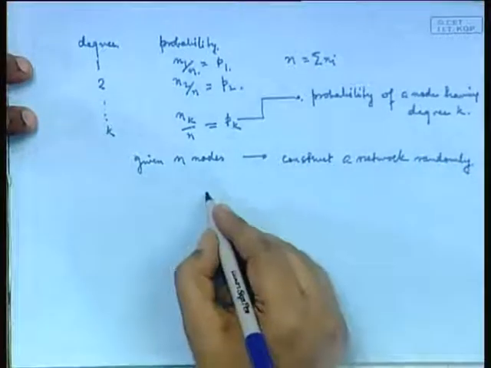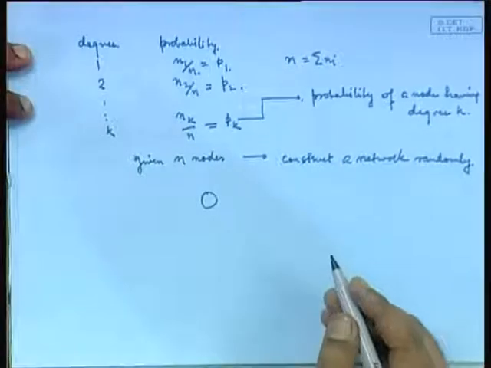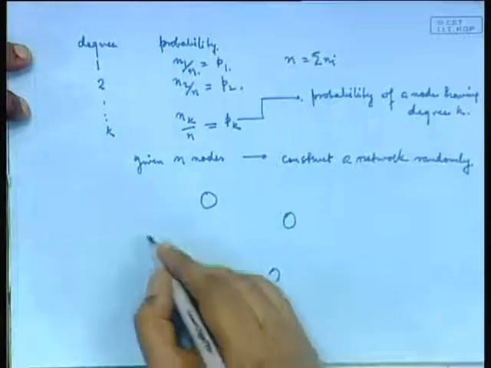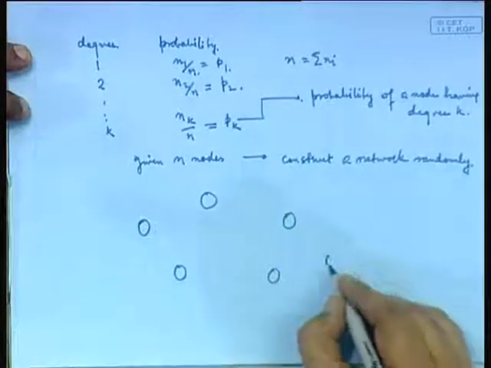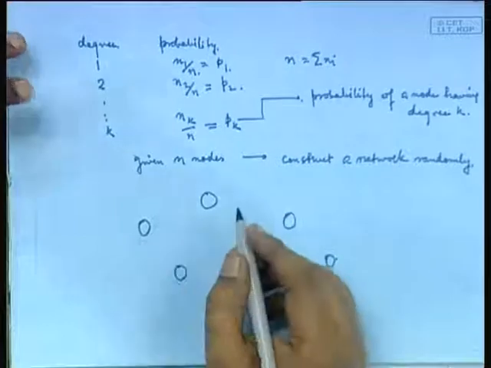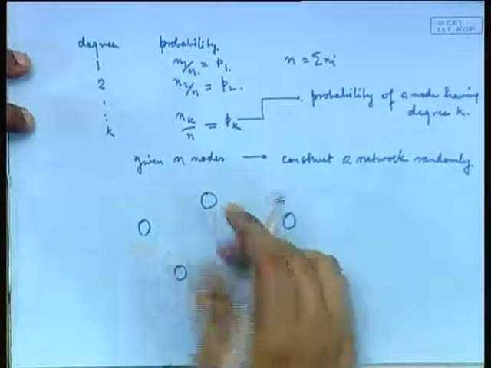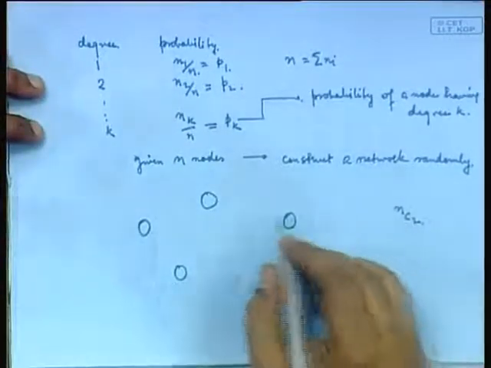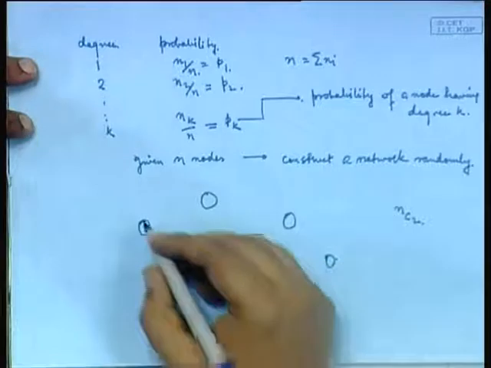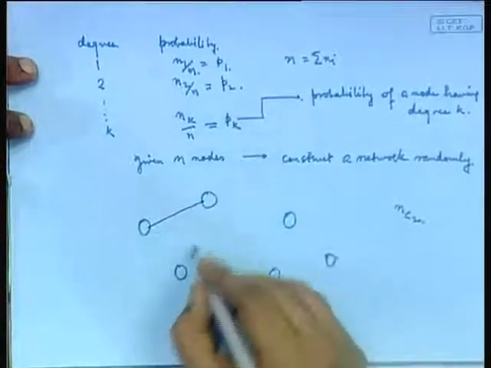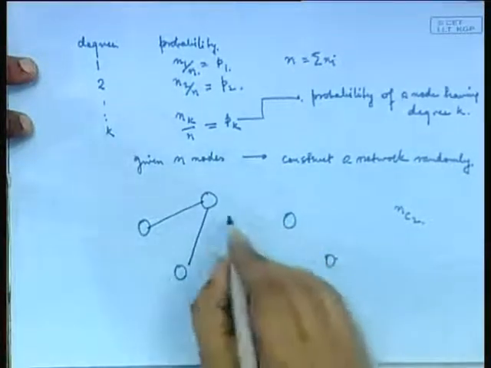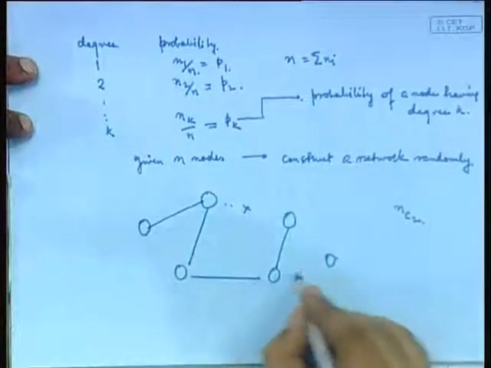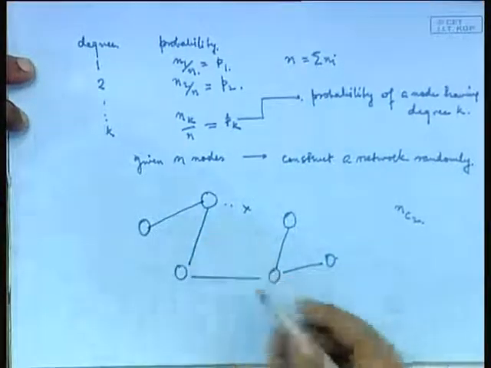Yeah, uniform distribution, but how will you implement that? You have these nodes, you pick each pair, you can connect with probability p. So, that is the simplest way of thinking, that each pair you connect with probability p. This is connected, this is connected, this does not get connected, this gets connected, and all the other pairs fail.